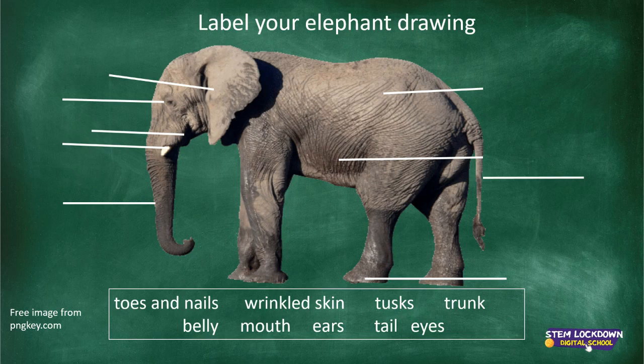Toes and nails. Wrinkled skin. You could even say grey wrinkled skin. Tusks. Trunk. A belly. A big belly. Mouth. Behind that tusk there's a mouth.